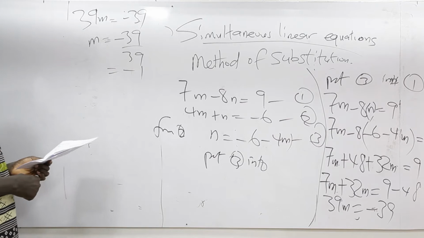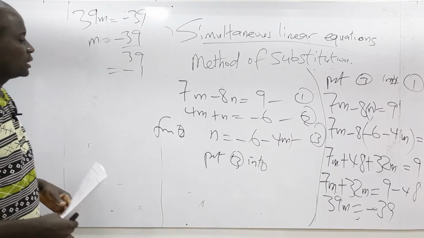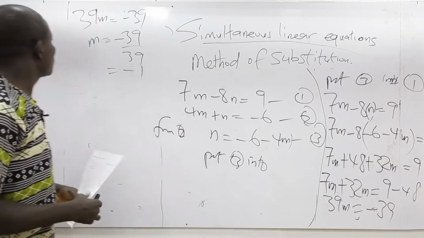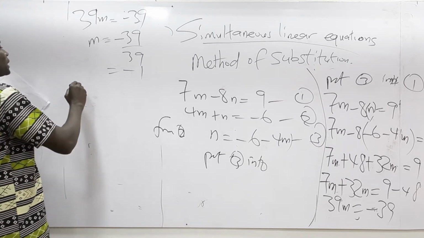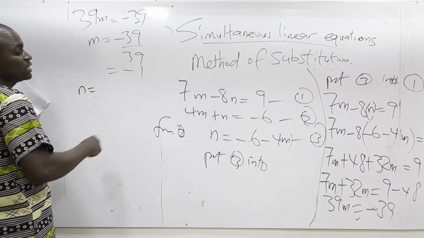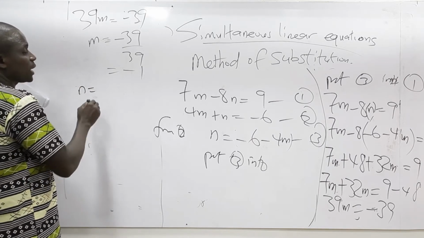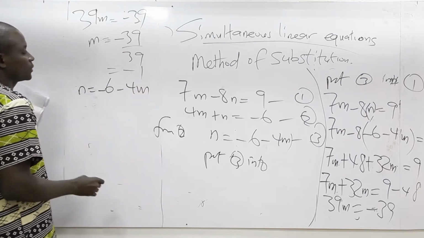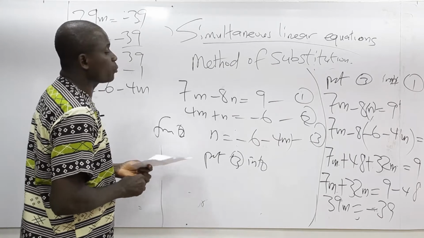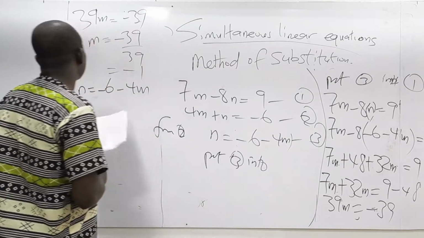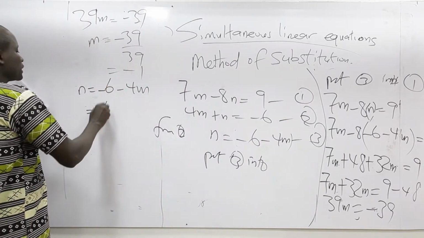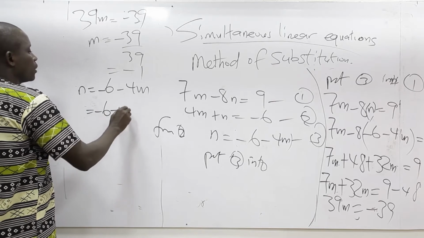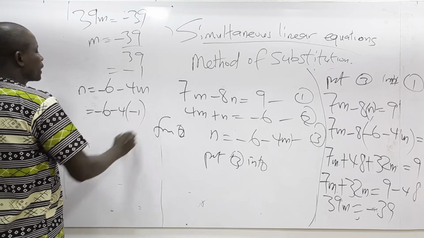Okay. Now after doing that, we know m, and we know that n is equal to, as in the previous example, negative 6 minus 4m. We know the m already, so it's a matter of putting it inside. So we have negative 6 minus 4m, and m is negative 1.